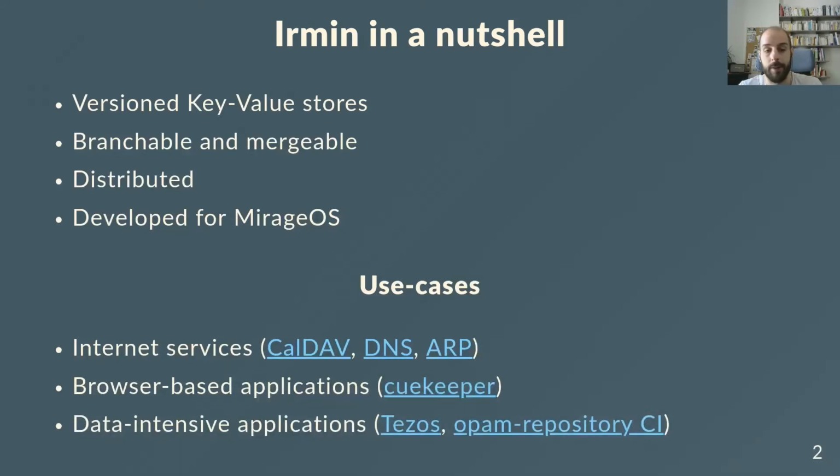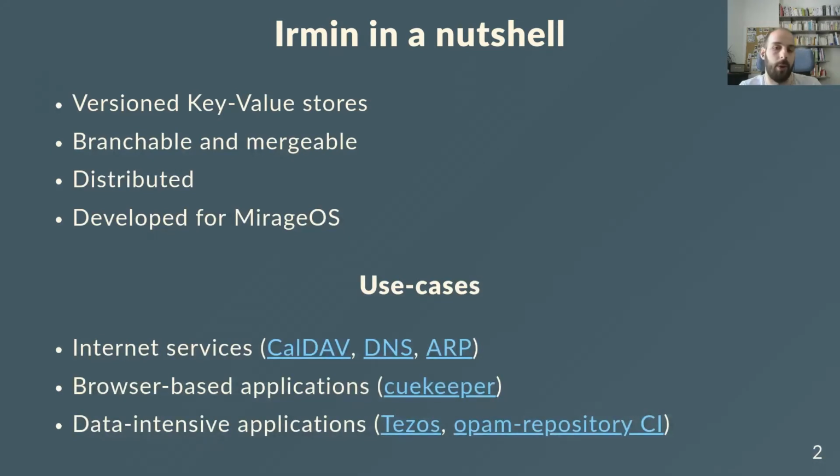So we have several use cases that use Irmin. First off, internet services. For instance, the DNS server or ARP service of Mirage are built using Irmin as their storage. And Robur also built a CalDAV server using Irmin as a storage. You can also build browser-based applications. For instance, QKeeper is a nice to-do app that runs only in the browser and embeds Irmin as the storage.